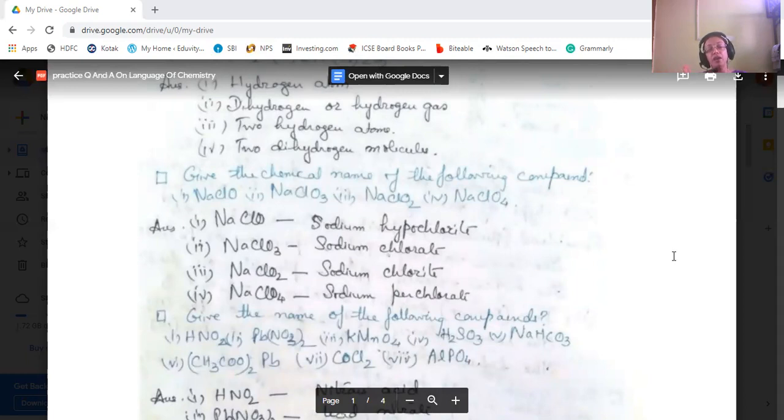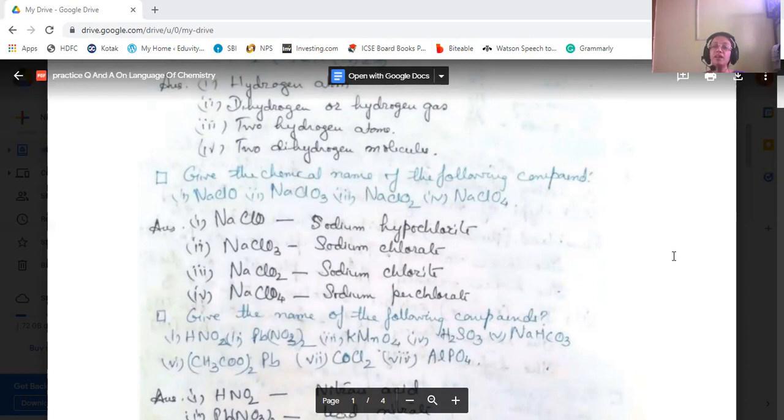Hypochlorite, when the oxygen, the non-metal, has the lowest valency, less than 2, then it is hypochlorite. See, sodium hypochlorite.